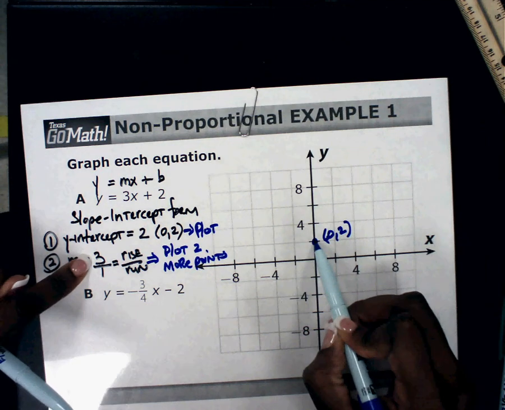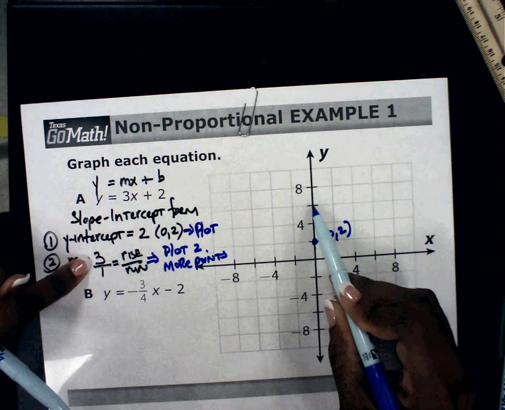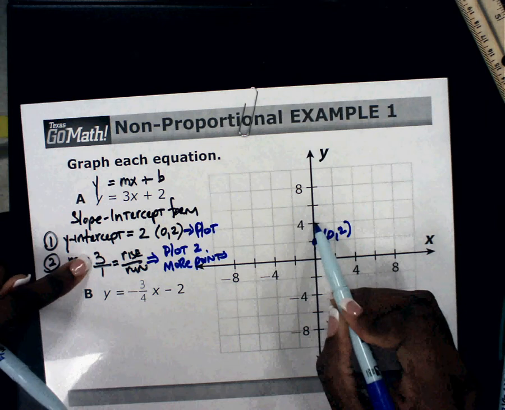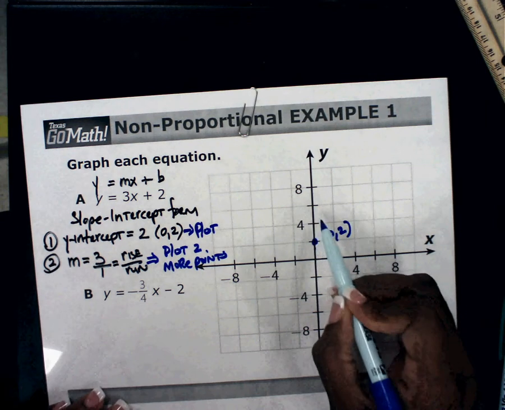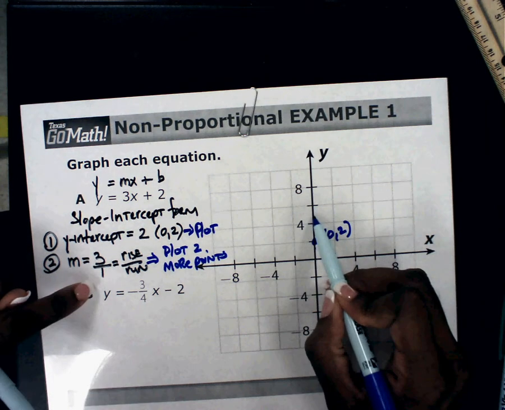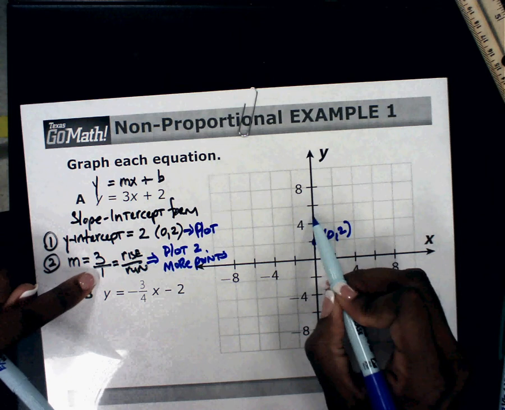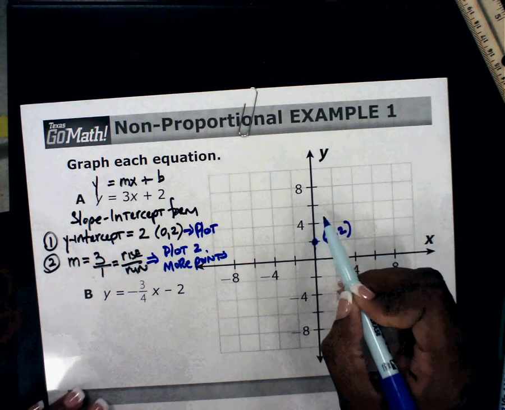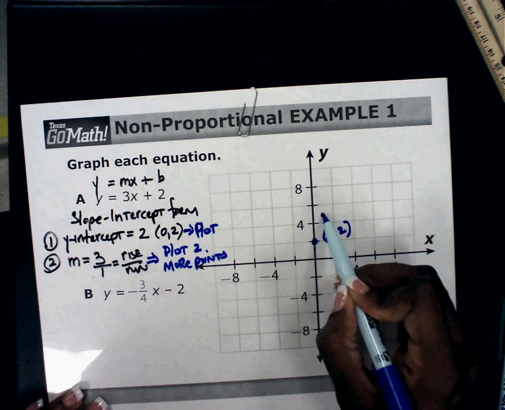Because the scale is different, if we go from here to here, that's 2, and then halfway between the next one would be 3. Then we're going to run 1, and 1 is positive, so we're going to run to the right. So it's going to be approximately here.